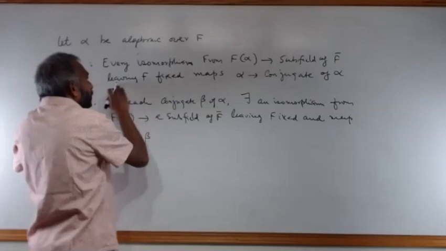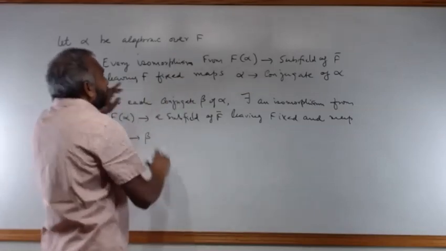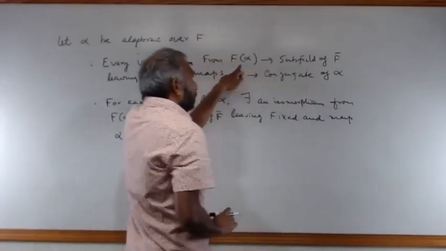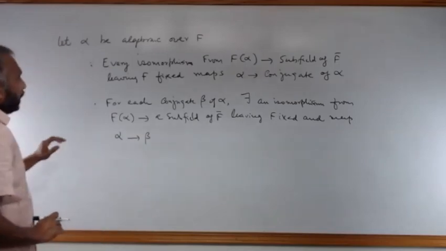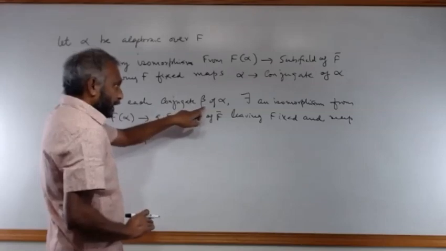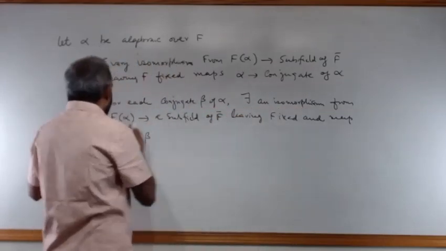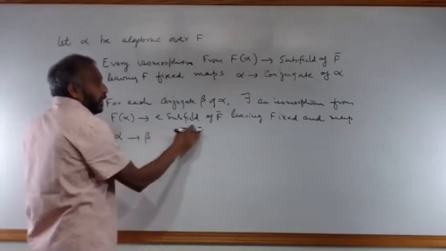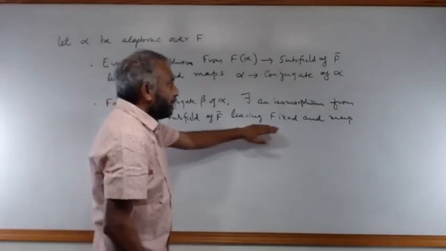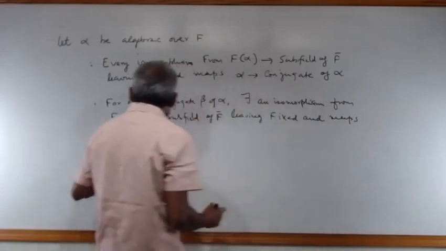If that isomorphism fixes F, then alpha maps to the conjugate of alpha. The second result says that for each conjugate beta of alpha, there exists an isomorphism from F alpha to a subfield of F closure, leaving F fixed and maps alpha to beta.